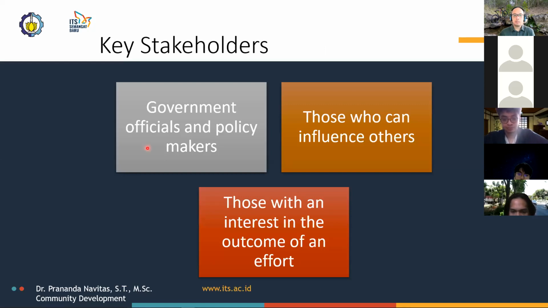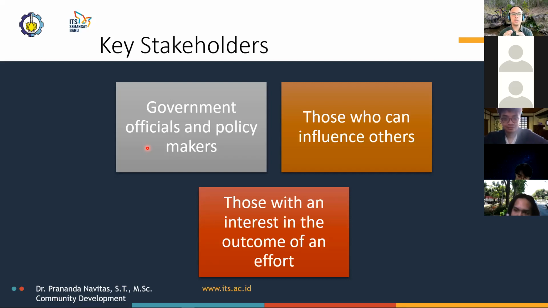Government officials and policymakers, these are the people who can devise, pass, and enforce laws and regulations that may either fulfill the goals of your effort or directly cancel them out. So they can be with you or they can be totally against you.